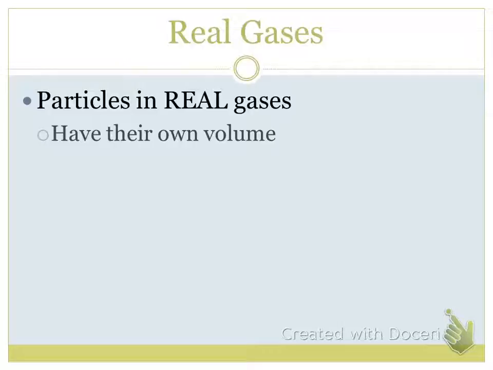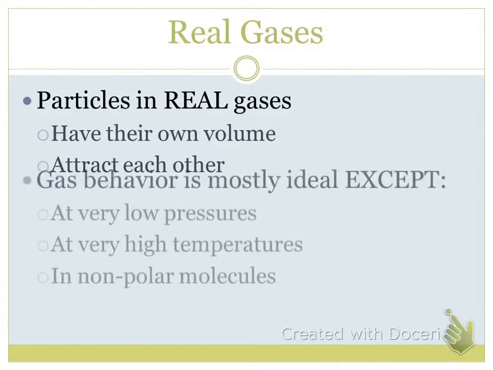But in real life, particles do have a volume, and they have a tiny attraction to each other. The electrons within those gas molecules are attracted to the nucleus of the other gas particles. So in real life, they have very tiny volume and very tiny attractions between them. For our ease, we ignore those small values.